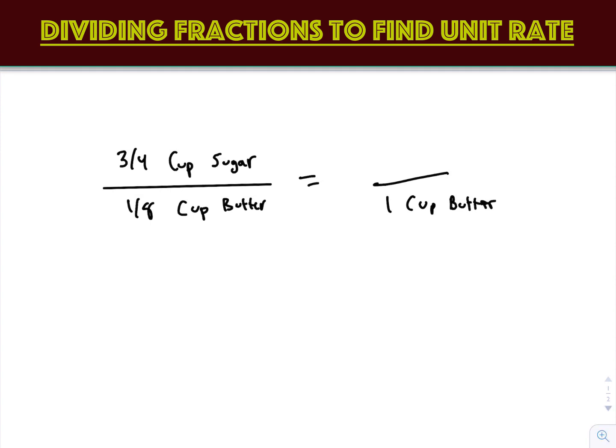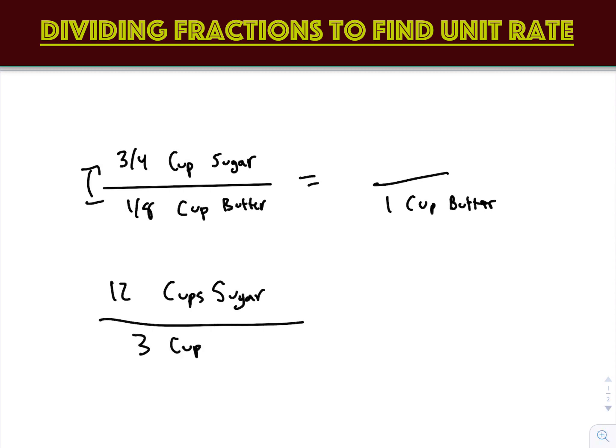When I go to find a unit rate when it comes to two units that are fractions, I want you to visualize what I would do if the numbers were whole numbers. So let's, for example, say 12 cups of sugar for 3 cups of butter. How would you solve this if you were aiming to find a unit rate?